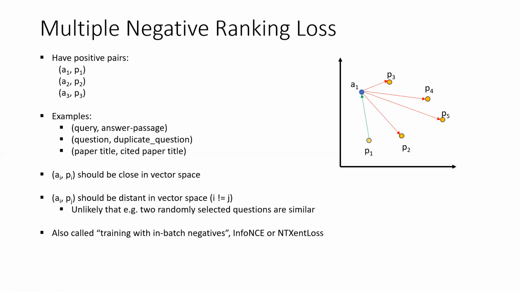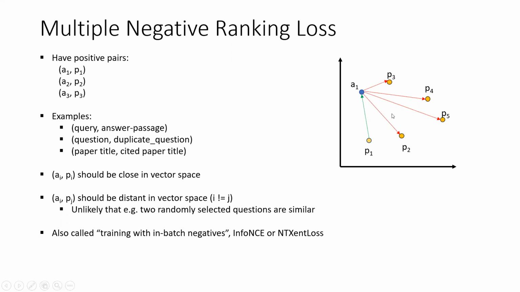The intuition is that if you take randomly a question and randomly an answer paragraph, it's unlikely that the paragraph will give the answer to the question. So it's safe to assume that if you randomly select a pair, they should be far away in the vector space.